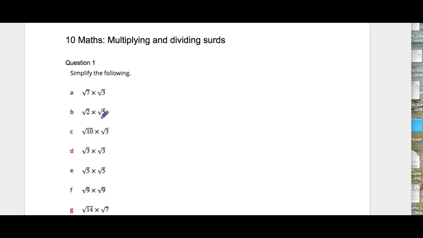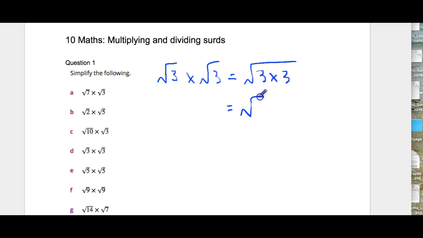So let's do D. D is the square root of 3 times the square root of 3. So we're multiplying our 3's together, so we're left with the square root of 9. And the square root of 9, because 9 is actually a perfect square, is 3.